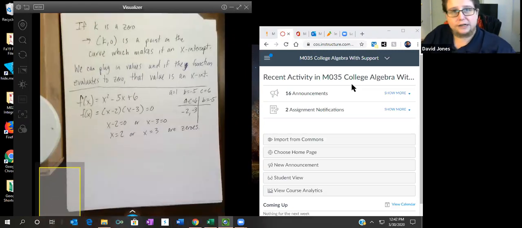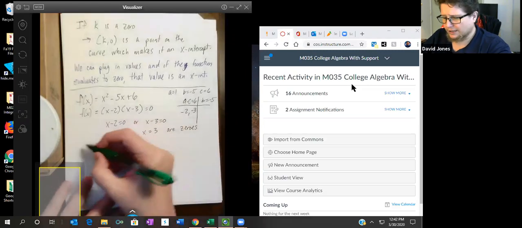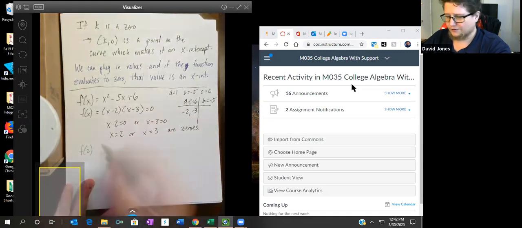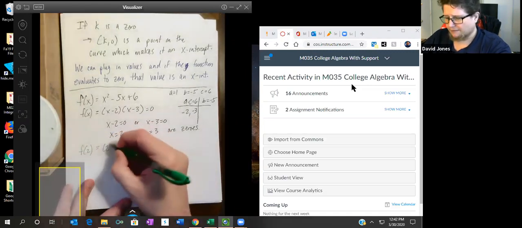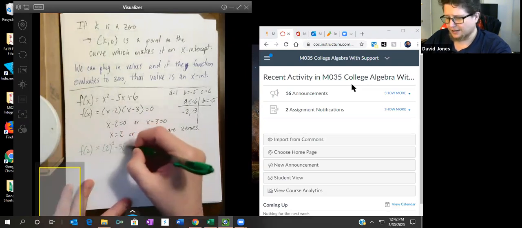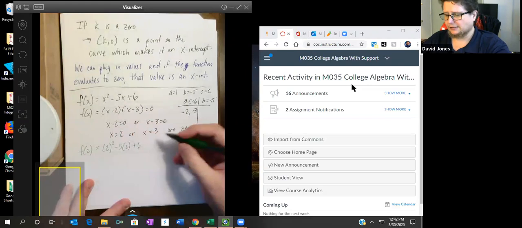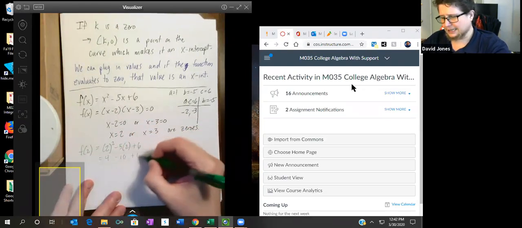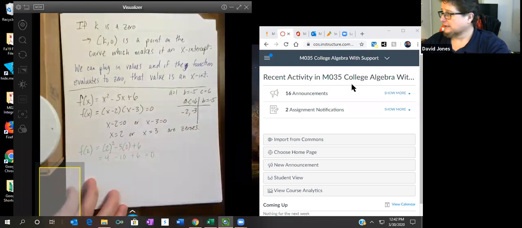Or alternatively, which I don't necessarily think is easier in this case, evaluate these at those values. f of 2 equals 2 squared minus 5 times 2 plus 6. This is 4 minus 10 plus 6, and that does equal 0.